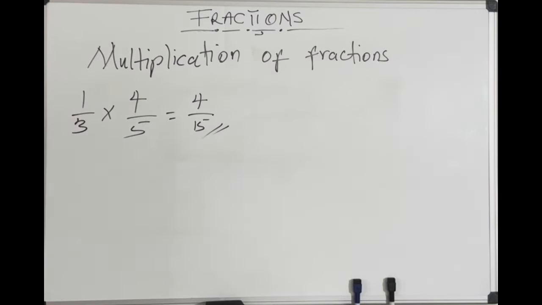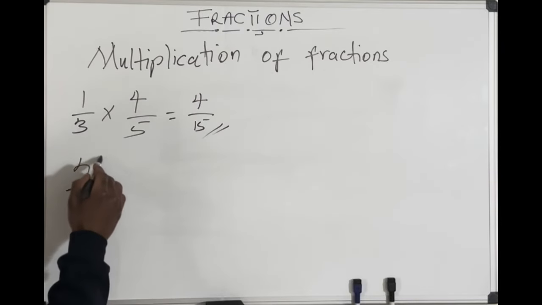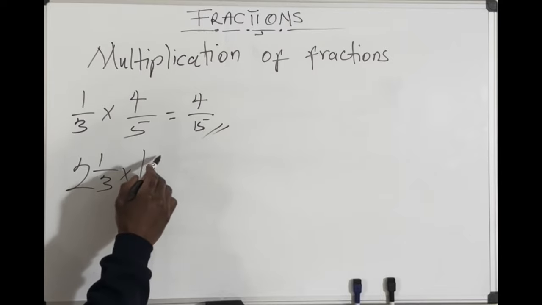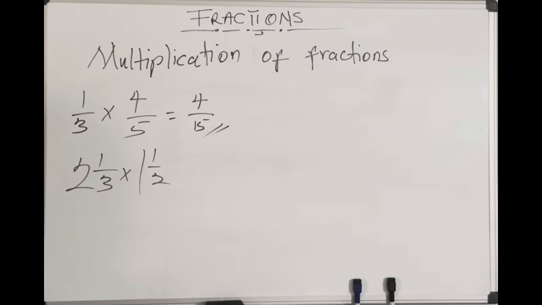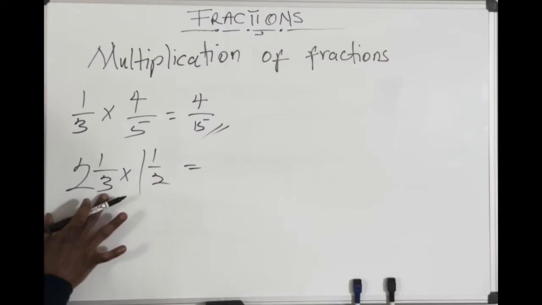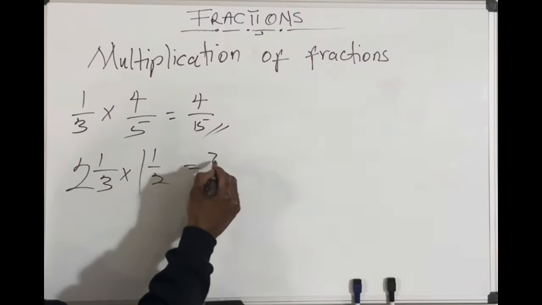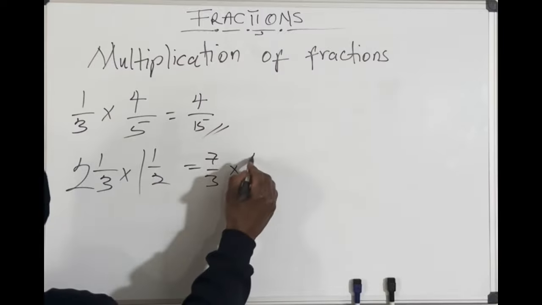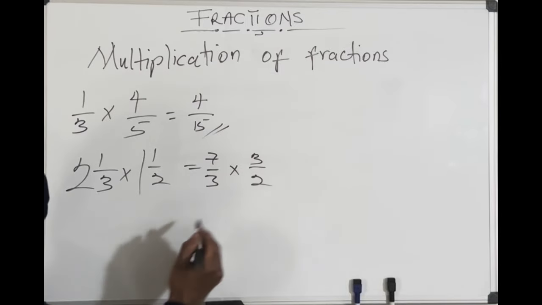Okay. And then let's see, we have 2 whole number, 1 over 3 times 1 whole number, 1 over 2. So we have different methods of solving mixed numbers. First of all, as we are told, we have to change it to improper fractions. So 3 times 2 is 6, plus 1, 7 over 3 times 2 times 1 is 2, plus 1, 3 over 2.